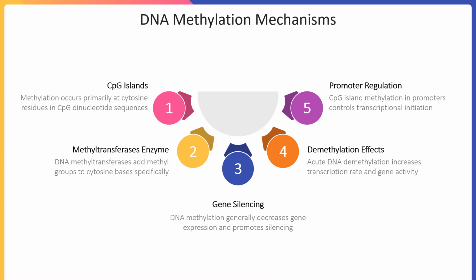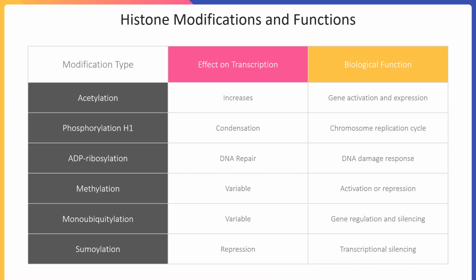DNA methylation. Another epigenetic modification is histone modification. Histone is the protein which helps in the tight packing of the DNA in the chromatin. So histone acetylation will increase the transcription.